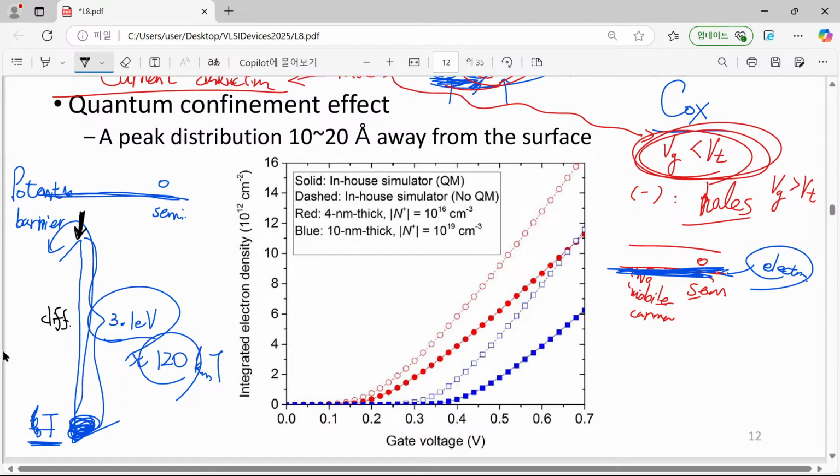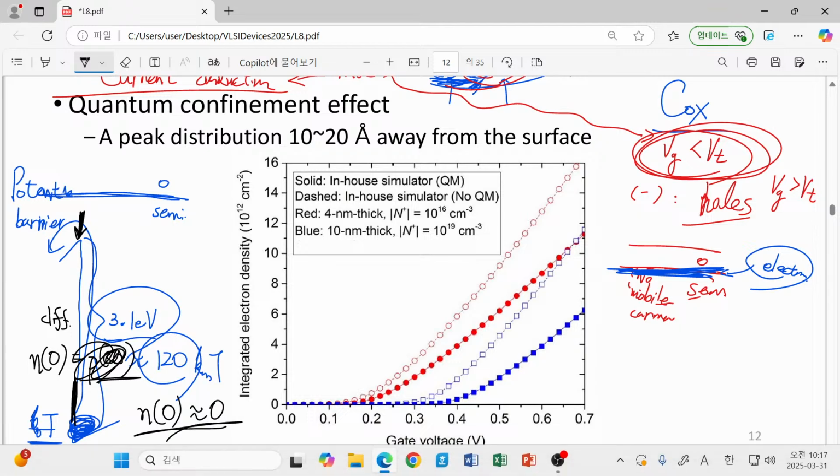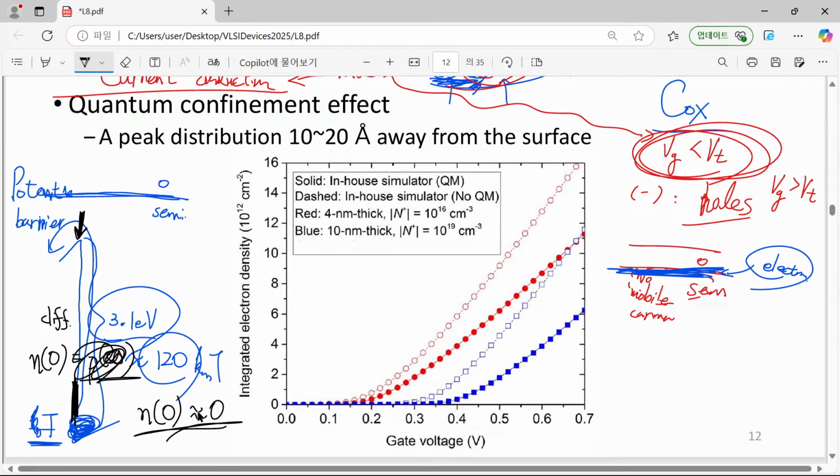So that's the reason why the electron density at this point, x equal to 0, cannot exactly equal the hole density at the deep substrate; actually it is quite close to 0. And the peak point is not exactly found at x equal to 0, but slightly deeper.